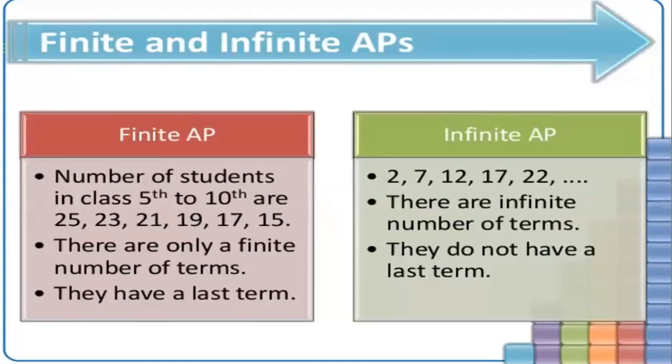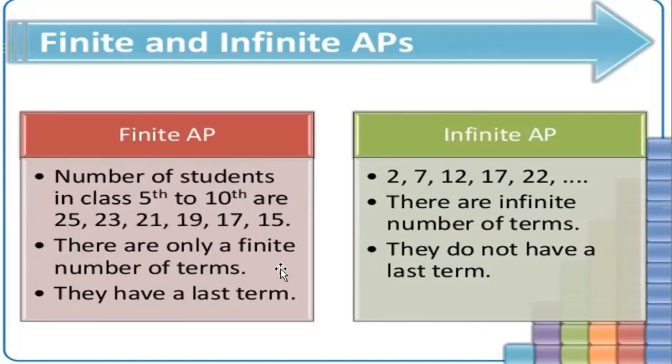Last thing we have to discuss in the video is finite and infinite APs. What is a finite AP? The number of students in the class 5th to 10th are 25, 23, 21, 19, 17, 15.